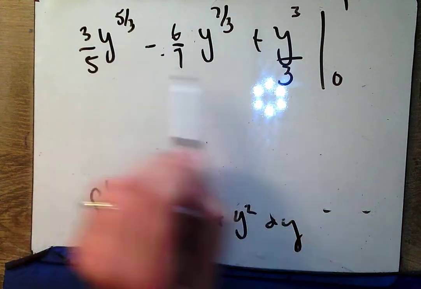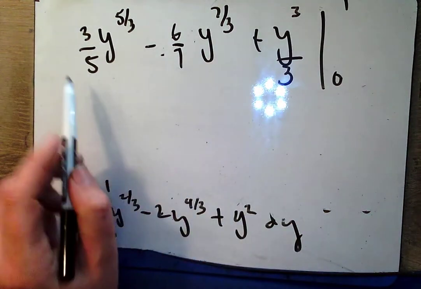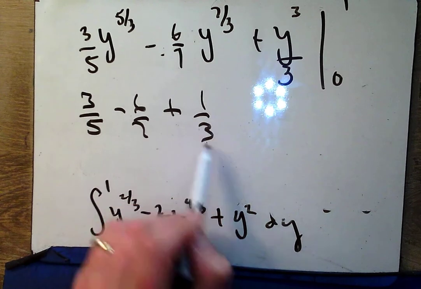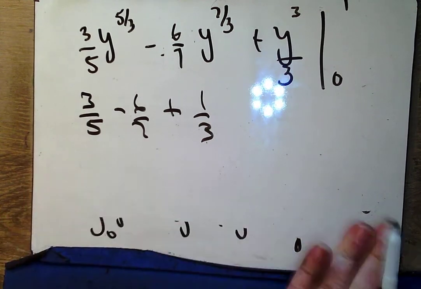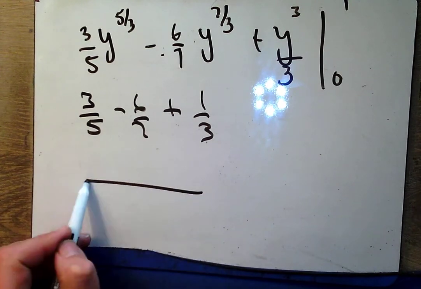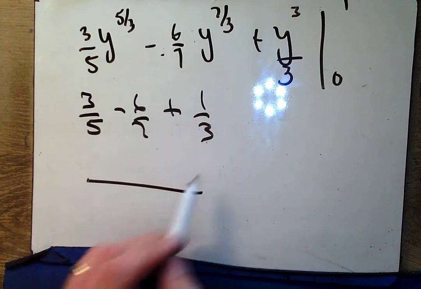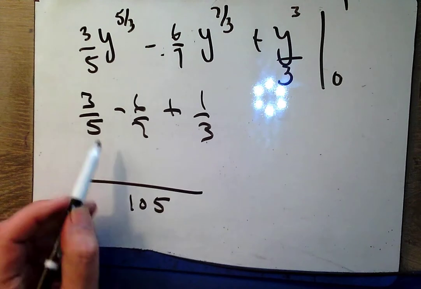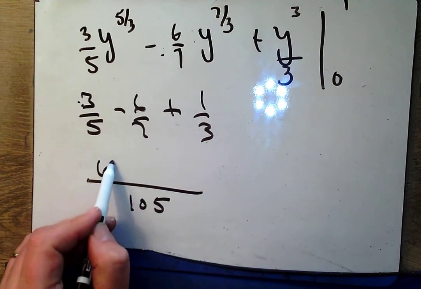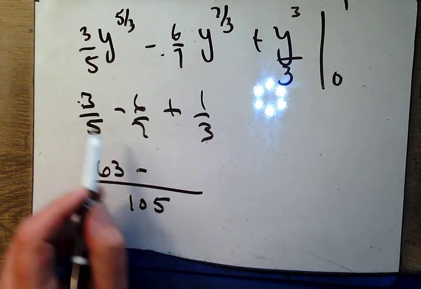Again, when I plug in 0, I just get 0. We plug in 1s, I get 3/5 minus 6/7 plus 1/3. Well, look at that wonderful list of primes. So let's make that common denominator, which is 35 times 3, 105. So 21 times 3 is 63.